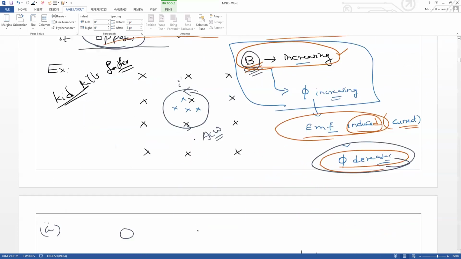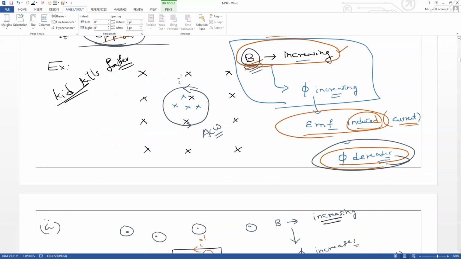So now in the first case, what is the direction of the magnetic field? Into the page. Cross means into the page. Clear? Now I have placed a coil. B is increasing.